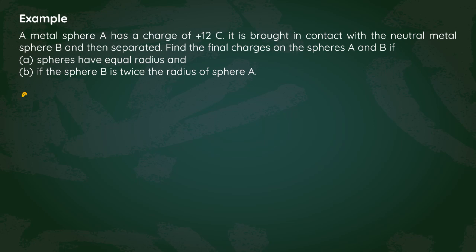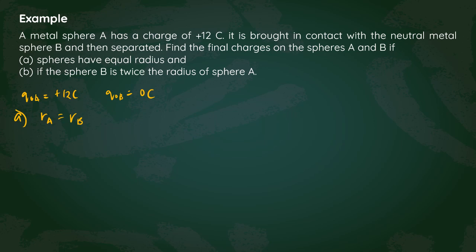So again, you have Q0A equal to positive 12, and QB, which is 0 coulombs, since it's neutral. For A, we need to solve for the final charge if the radius of A is equal to the radius of B, since again, they are considered to be identical.